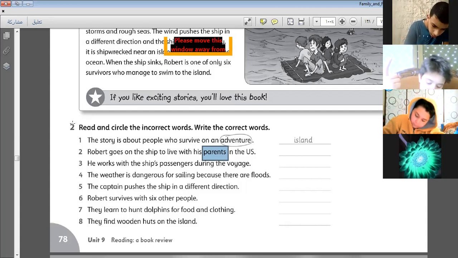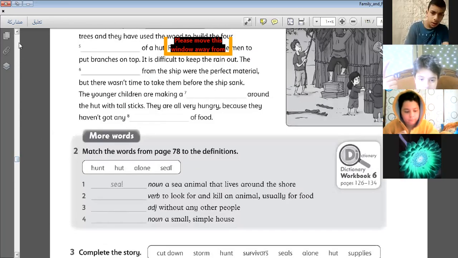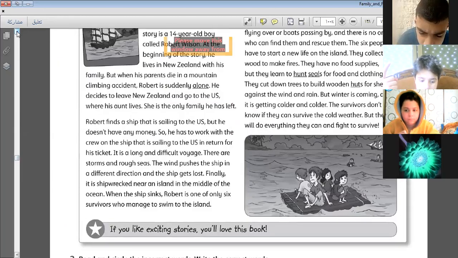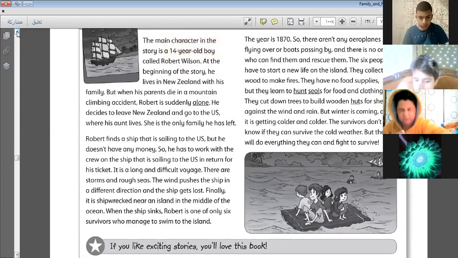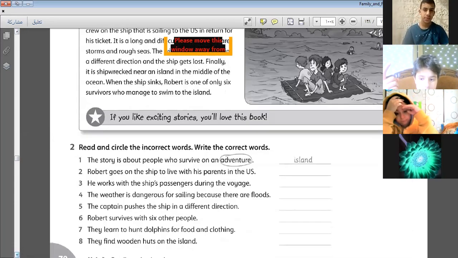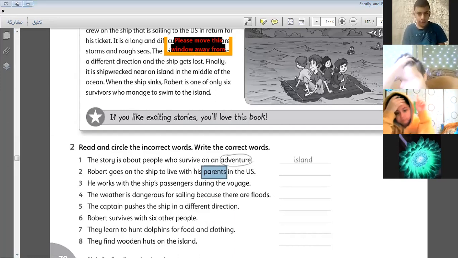Yes. You can find aunt here, as you can see. So number 2, the incorrect word, parents. And we write here aunt, okay? This is for number 2.